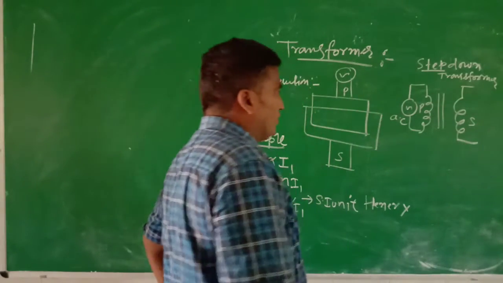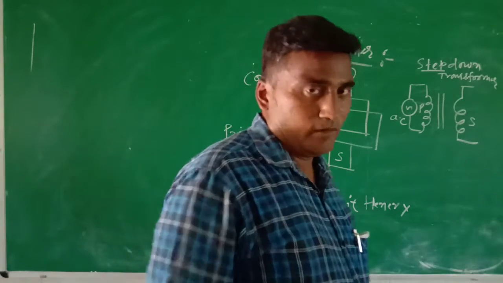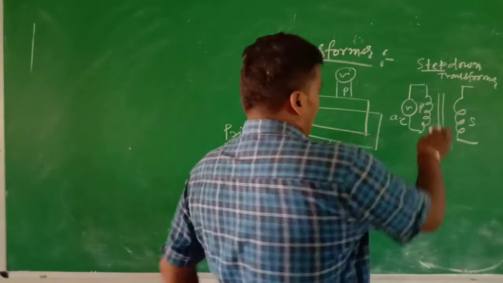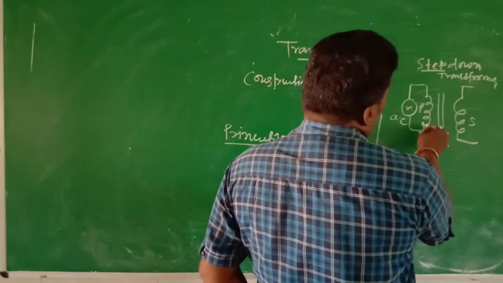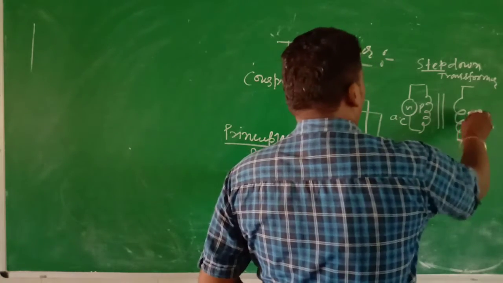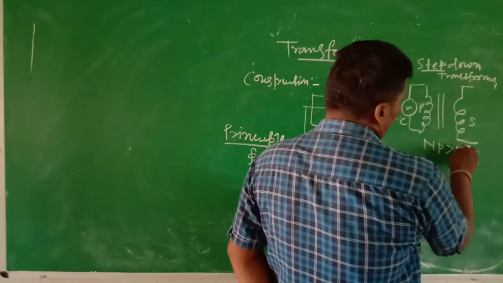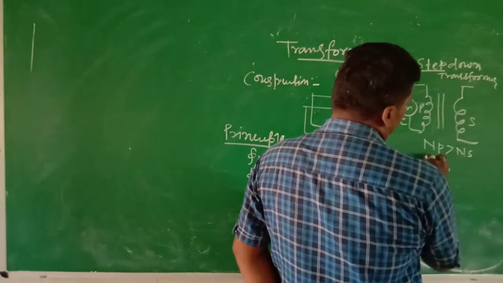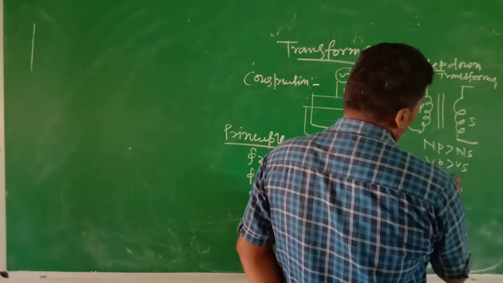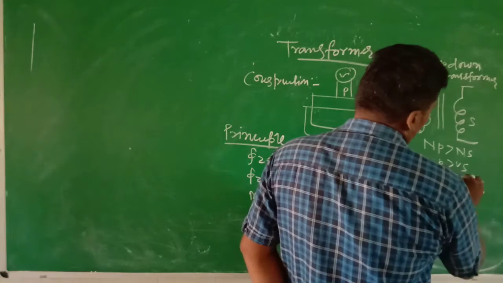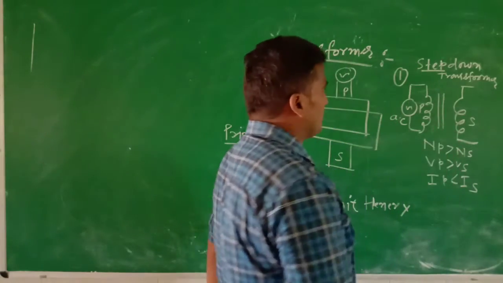We identify whether a transformer is step up or step down by calculating the number of turns. In the primary coil we have 1, 2, 3, 4, 5 turns. In the secondary we have 3 turns. Now NP is greater than NS and VP is greater than VS, but IP is less than IS. That was the transformer of the first type, step down.